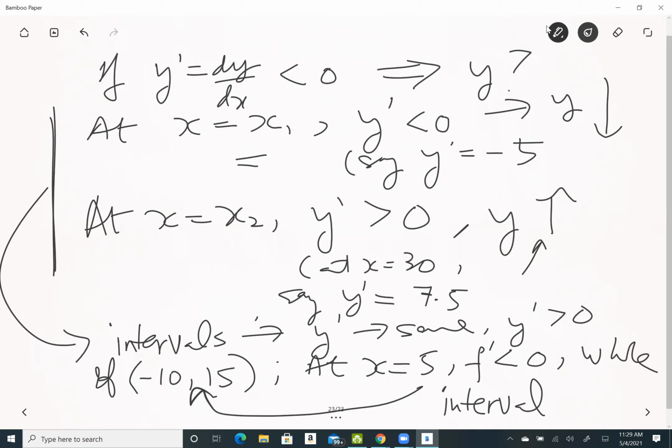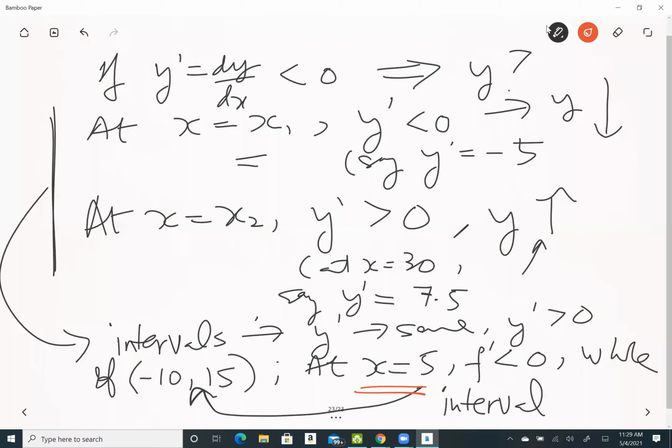But this one, we can have information about the behavior of the function in the whole interval by just looking at one point. At one point in the interval, the f prime is negative. That means over the whole interval, the f prime will be negative. Is there any question?